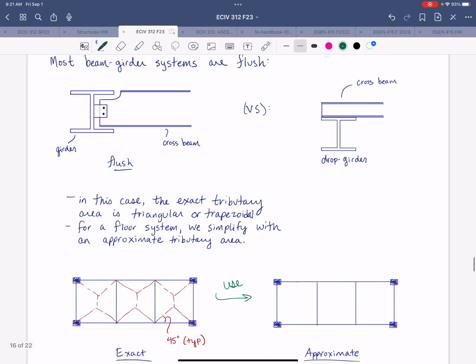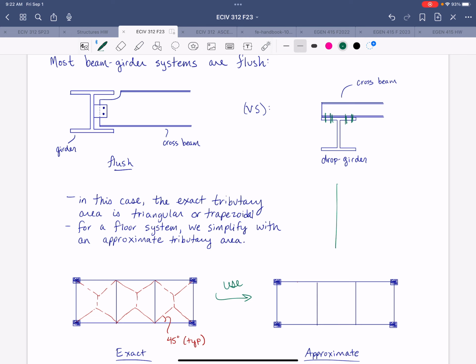Now, if we have a drop girder system, then the cross beams are supported by girders that are below the beam. And in that case, it wouldn't just be sitting on there. You'd have some bolts that are firmly attaching those two pieces. But in that case, there's no question: the girder does not directly support the floor slab.